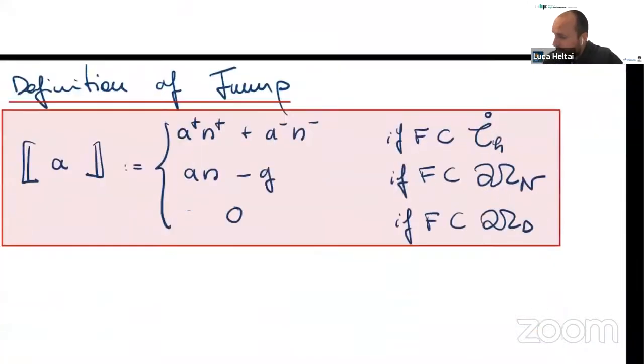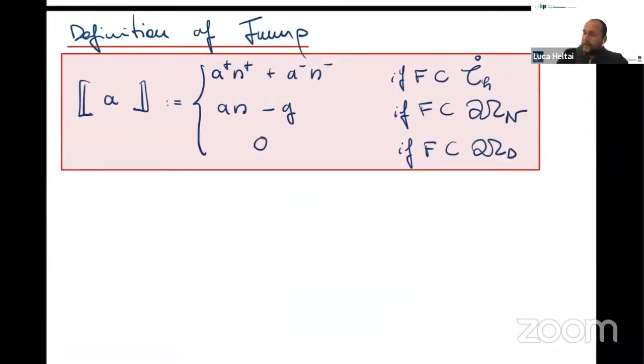Okay, so let me recall what we did in the last lecture. I defined the jump of a quantity across an edge, and I specified every time that the face was an interior face.